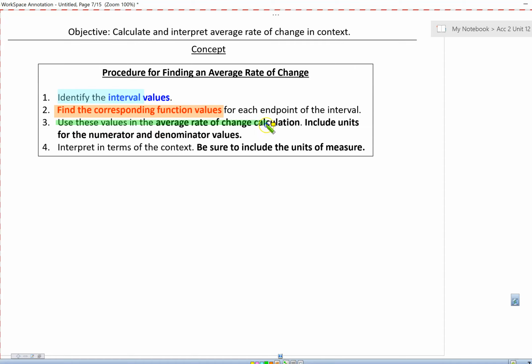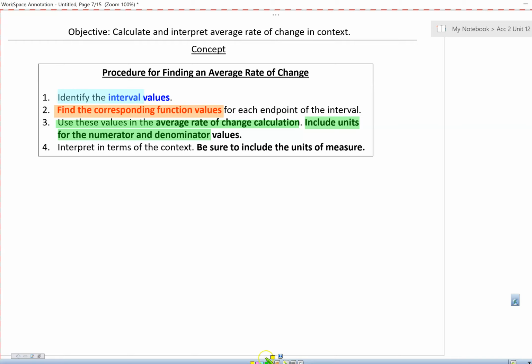Take those values and plug them into your average rate of change calculation, which again is your slope calculation. Notice here it says what I just said, include units for the numerator and denominator. Literally put those into your math. That way, it'll be very easy for you to know what your units should be for your conclusion.